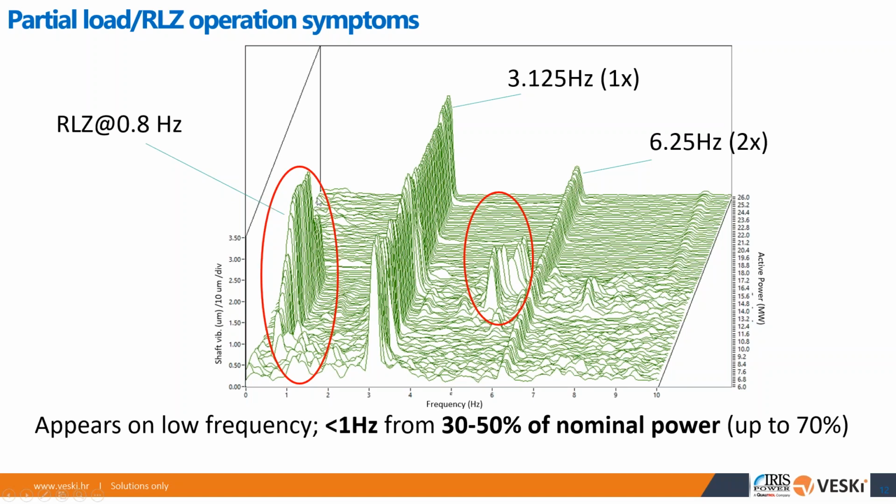So if this is the nominal frequency, let's say this is a waterfall spectrum with some power span of the shaft displacements. This is the 1x, so the nominal frequency. This is the 2x, second harmonic, and then this is the frequency, and then we have a shaft displacement.